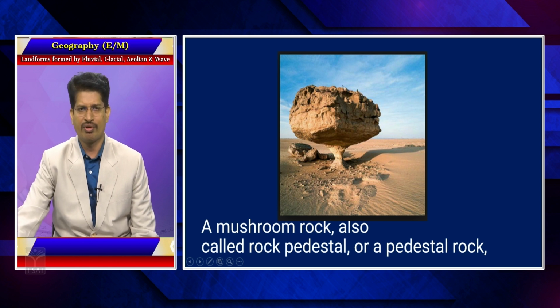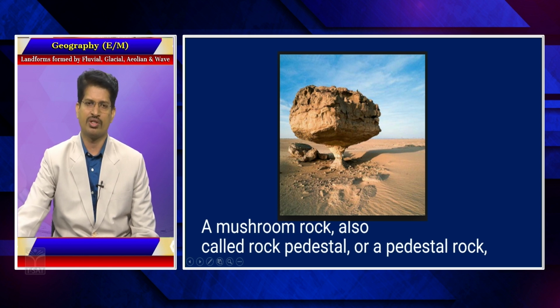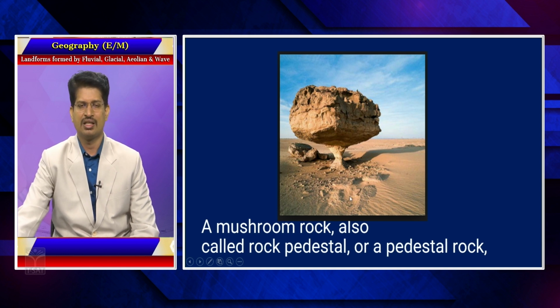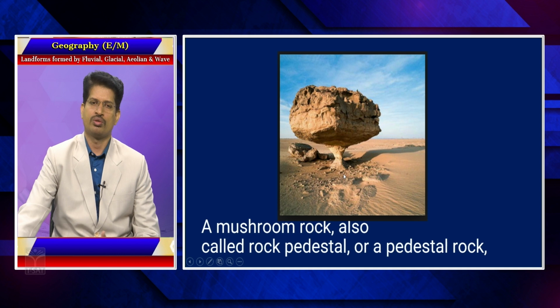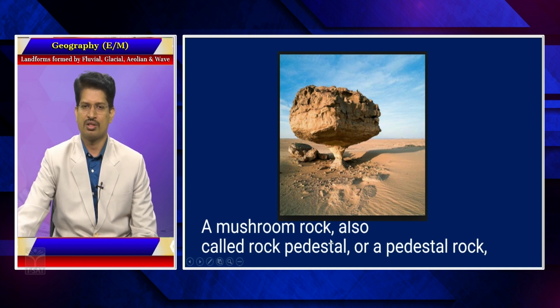The lower region is subjected to weathering and erosion because the gravel and sand particles strike the lower region of the rock more, leading to the formation of this structure known as a mushroom rock. Mushroom rock has other names, such as rock pedestal or pedestal rock; they are one and the same.